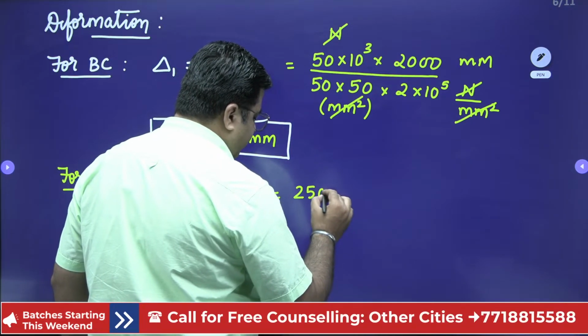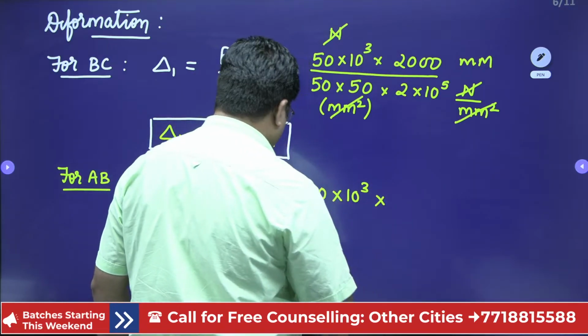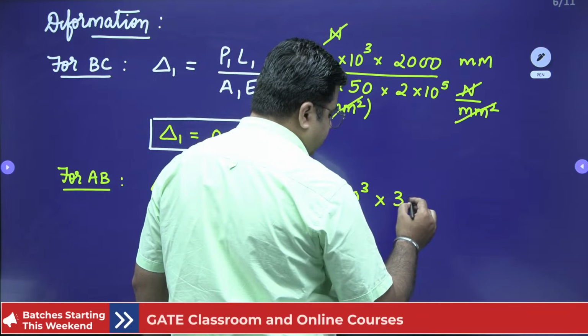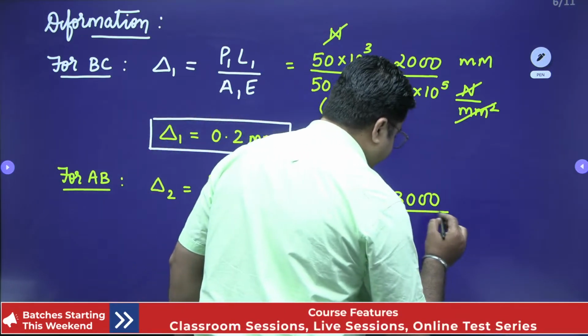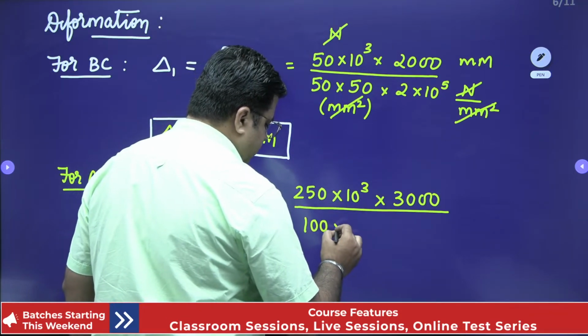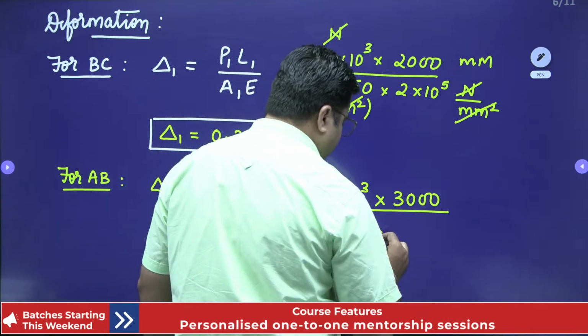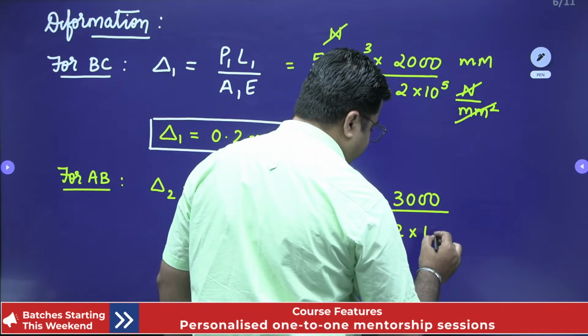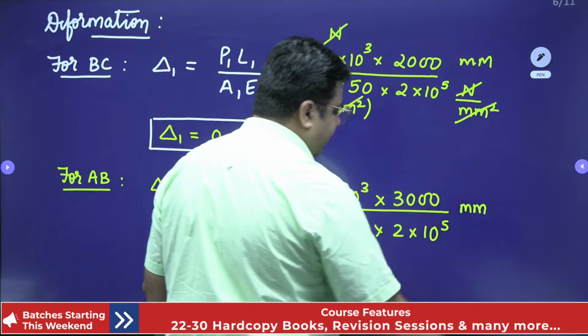So, this is 250 into 10 raised to power 3, into the length of the member, which is 3 meter, so this is 3000, divided by A2, which is 100 cross 100 mm square, and E2 is 2 into 10 raised to power 5. Also this delta will come in mm.